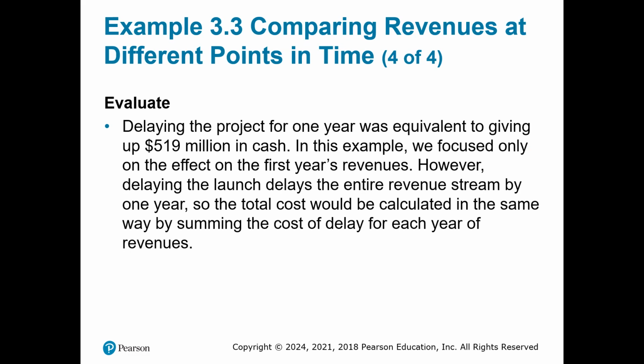In this example, we focus only on the effect of the first year's revenues. However, delaying the launch delays the entire revenue stream by 1 year. So the total cost would be calculated in the same way by summing the cost of delay for each year of revenues.